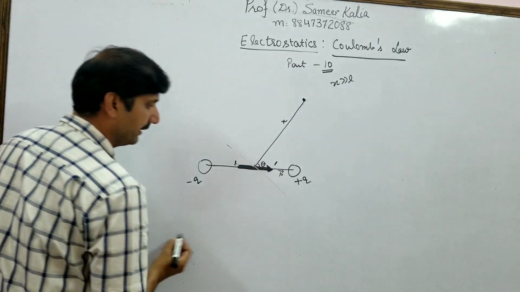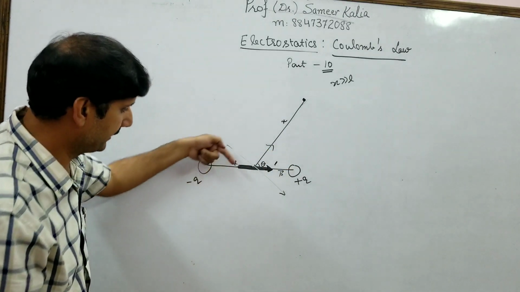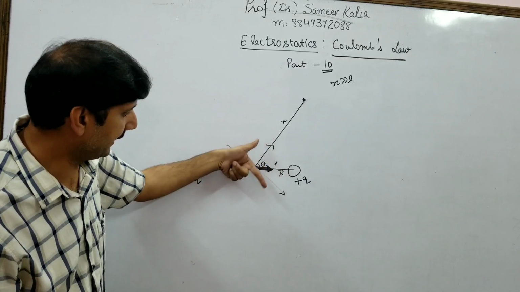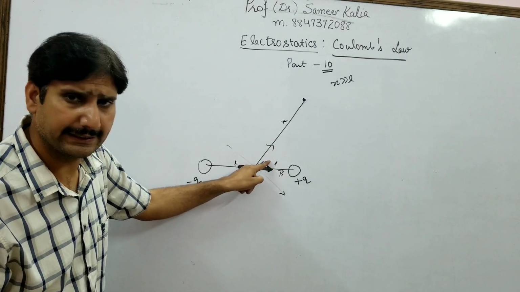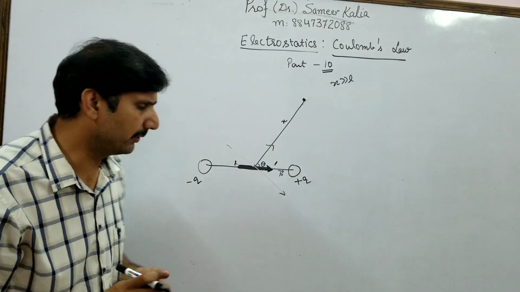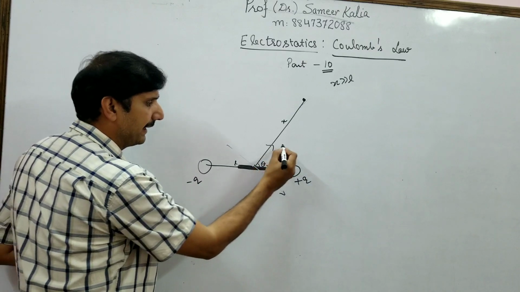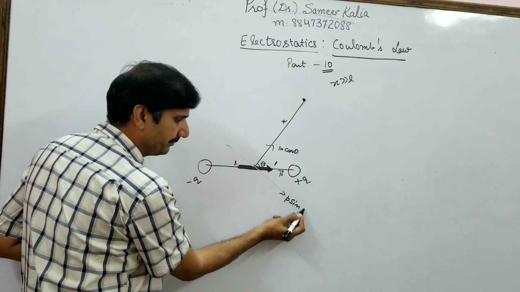We get two vectors, two rectangular components of p, one in this direction, the other in this direction. If this angle is theta, this becomes p cos theta and this becomes p sin theta.